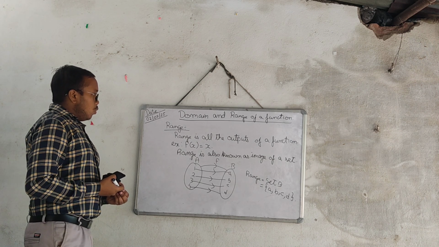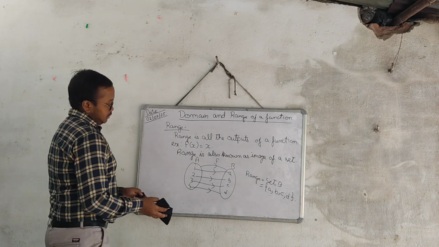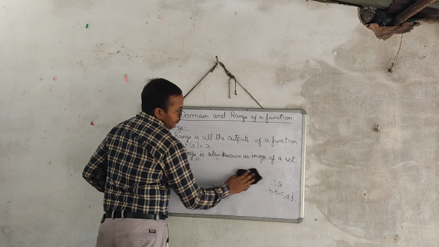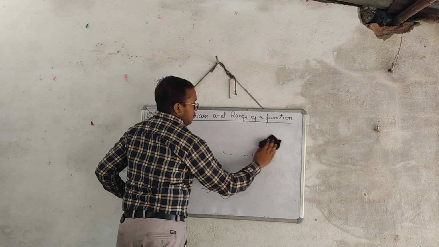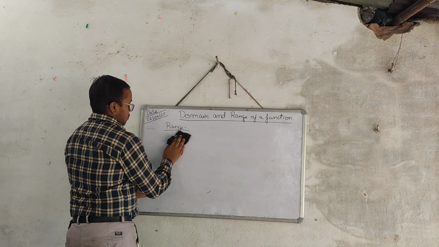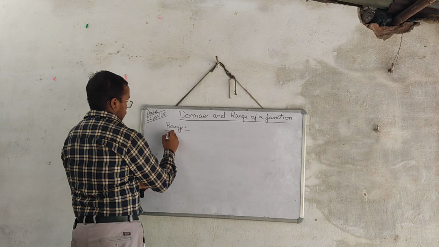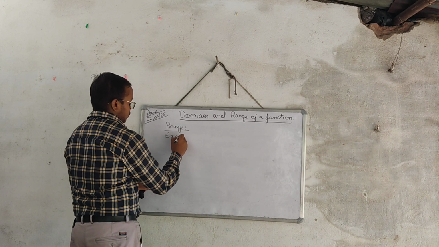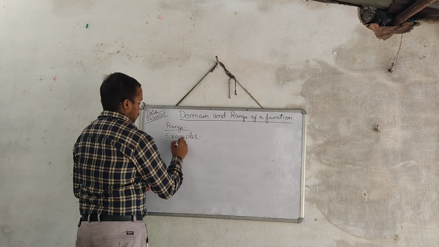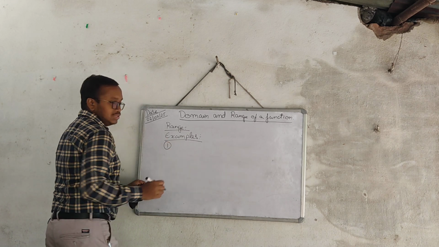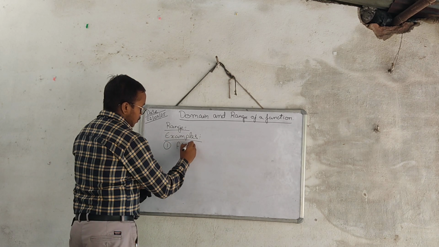Now we'll do some examples related to range. First example is f(x) is equal to x.